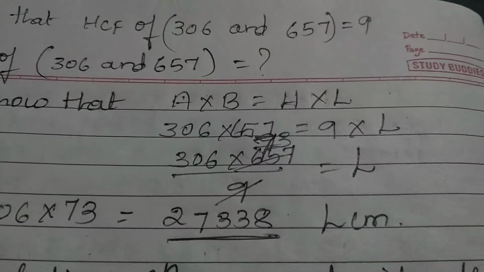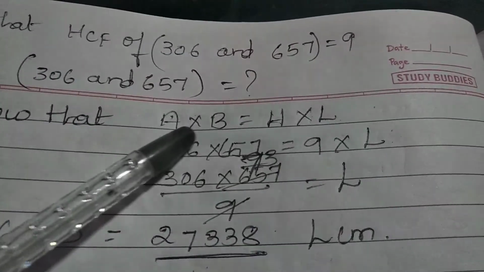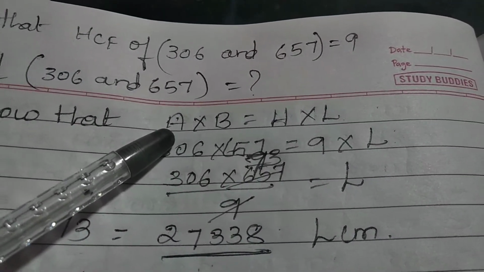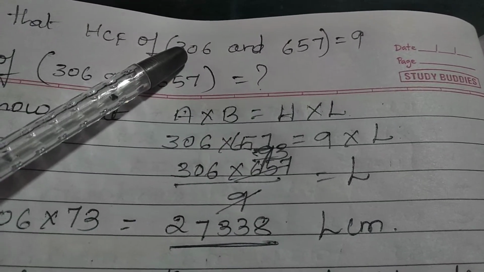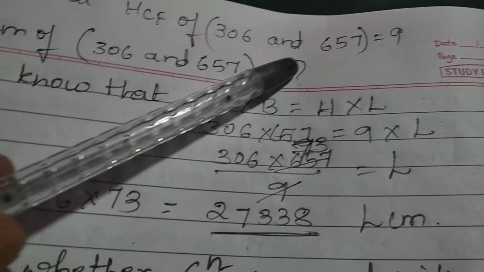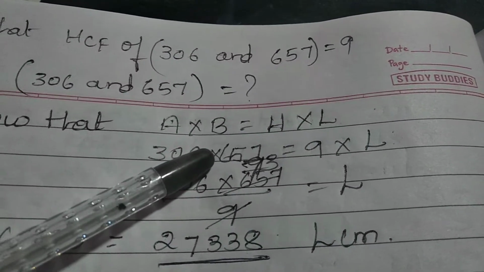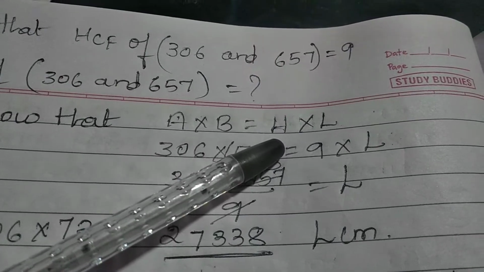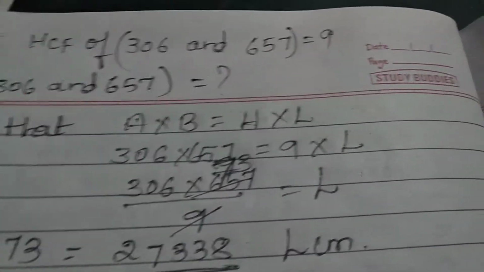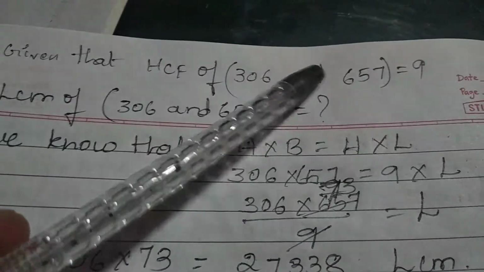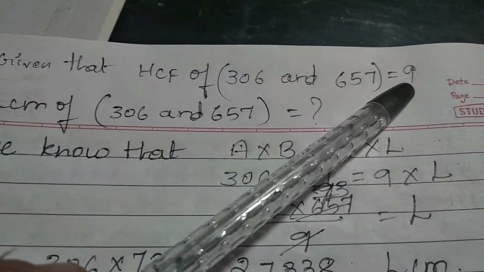You know the result: A into B is equal to H into L. A means a number, you can take 306. B is another number, you can take 657. So it is equal to H into L. H is already given: the HCF of 306 and 657 is 9.